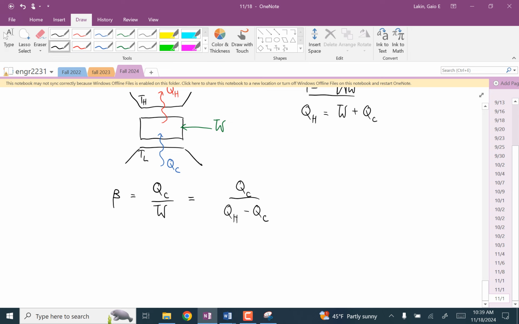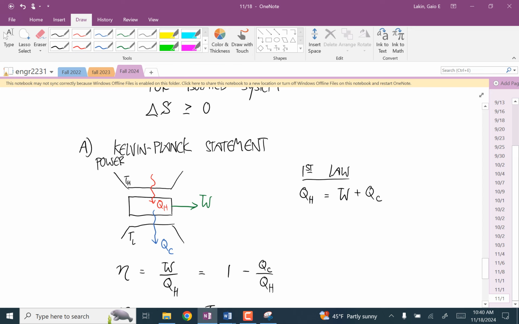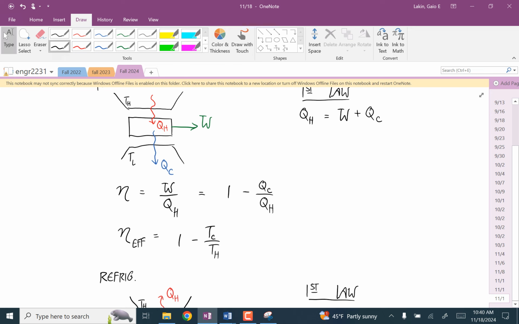And again, for the reservoir temperatures that you have, you can come up with an ideal performance coefficient by replacing the heats with the temperatures. And so you get temperature low over, oh God, I keep calling these different things.